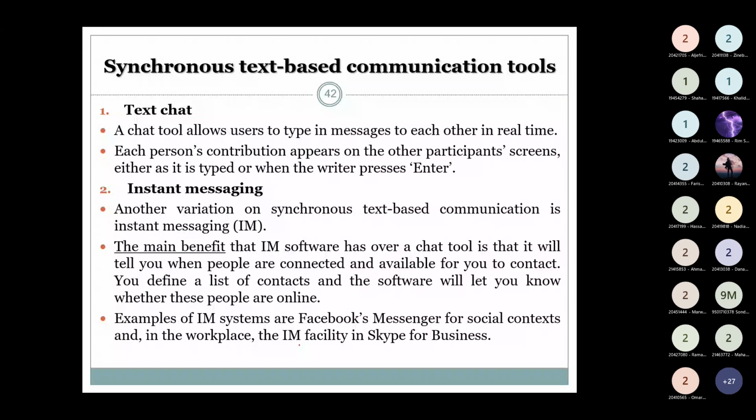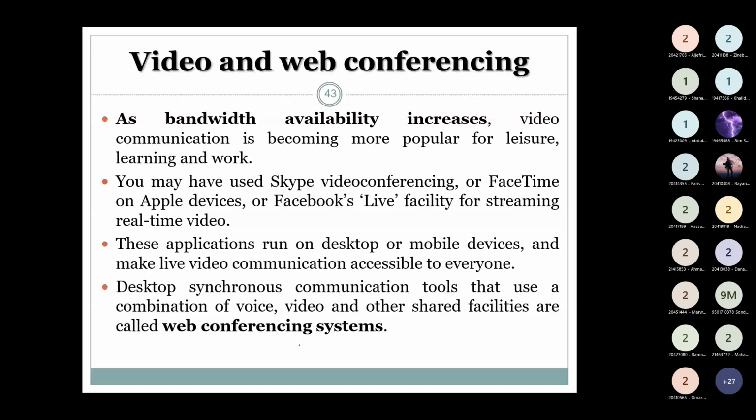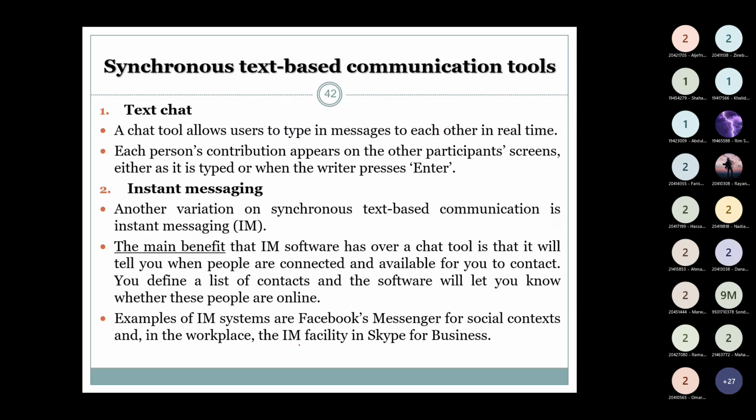A text chat tool allows users to type messages to each other in real time. Each person's contribution appears on the other participants' screens either as it is typed or when the person presses enter. Instant messaging is another variation of synchronous text-based communication.